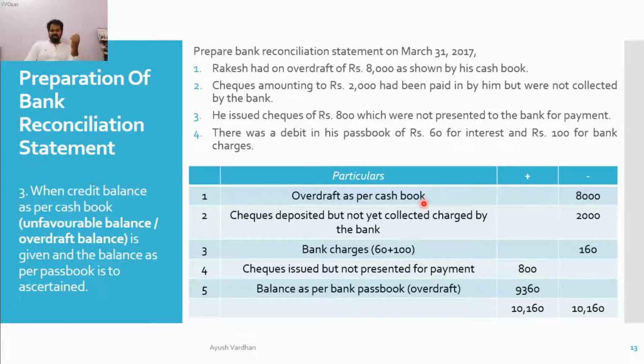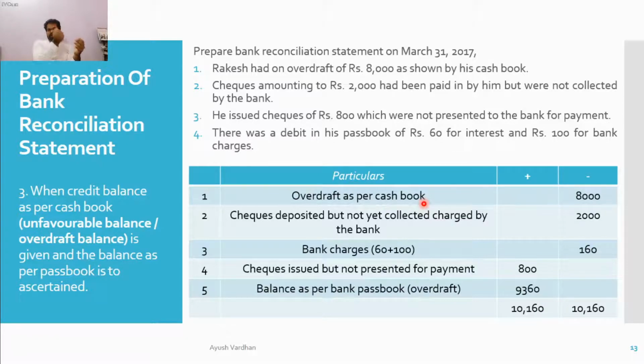What is happening here? A check of 2,000 rupees is deposited, so we have a positive entry of 2,000 rupees in our cash book. In the cash book we have 2,000 rupees positive just because Mr. Suresh has called Ramesh to say that 2,000 rupees has been deposited into your bank, so you make that entry into your cash book.